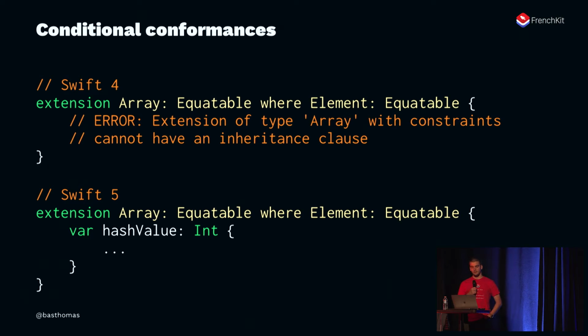The first one is conditional conformances, which will make it a bit easier to write extensions where you have some more involved requirements, to not add an extension on the whole type, but just when it conforms to some protocol, for example. Think about an array which you can just call hash value on, because now you would have to do that all by yourself. And it will clean up a bit of the standard library.